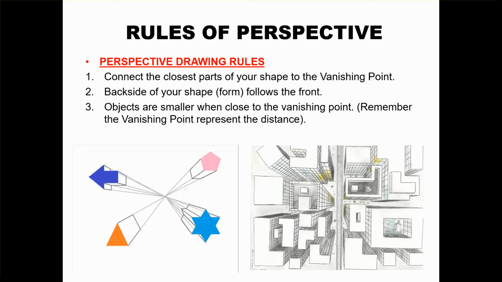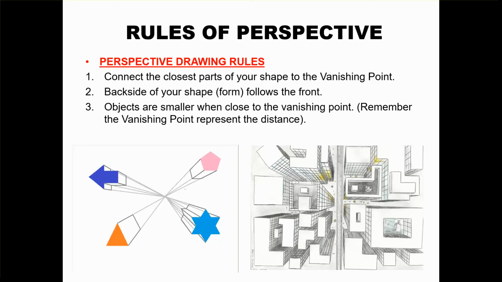What that means is that every time you draw a shape, you draw the front side of the shape, aka the face of it, and then we connect the parts that are closest to the vanishing point. Well, when you're ready to cut off the back side of that shape so that it looks like a 3-dimensional form, the back side will look exactly like the front.